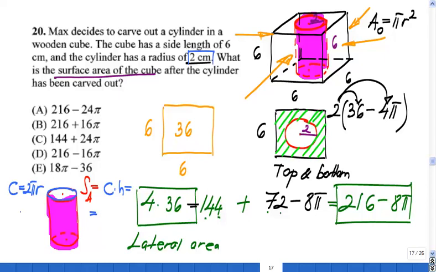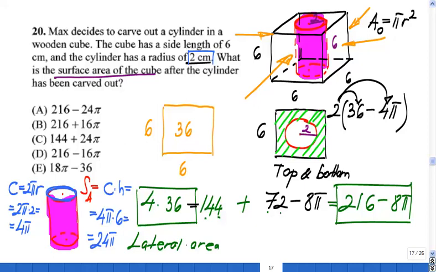But the radius in this case is 2. So that circumference will be 2 times pi times 2, which makes it 4 pi. And I have 4 pi times height, but the height, because my cylinder is carved in the cube, will be the same as the side of the cube, which is 6. And that tells me that the surface area of the cylinder, which is inside my cube now, because it was carved, will be 4 pi times 6, which makes it 24 pi.